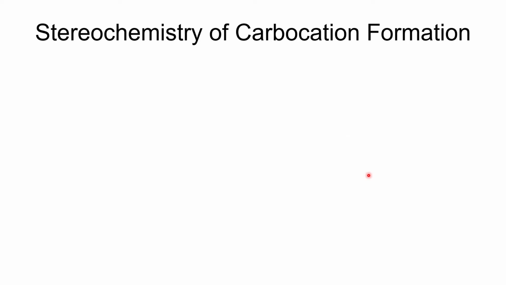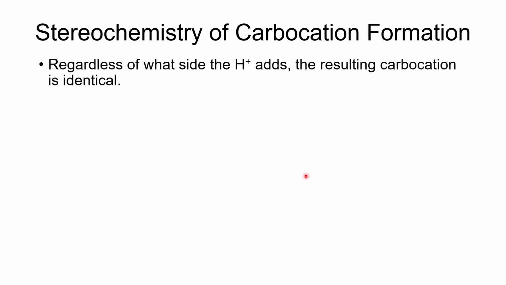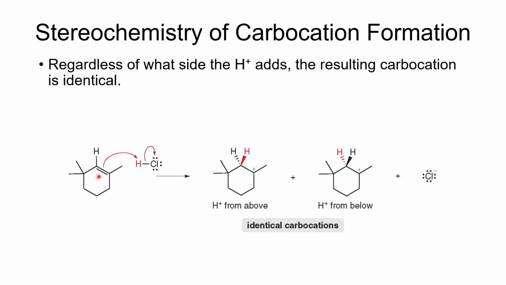So we want to look at the stereochemistry of the carbocation formation. Regardless of what side our H plus adds to, so here back to our starting material from the previous page, when we add that hydrogen, the hydrogen's going to go to carbon 2, and regardless of whether that hydrogen comes in from the front, from above, we can say, or from below, which is the back side of that molecule. So here, if it comes from above, we'll form this, and if it goes from below, we'll form this.